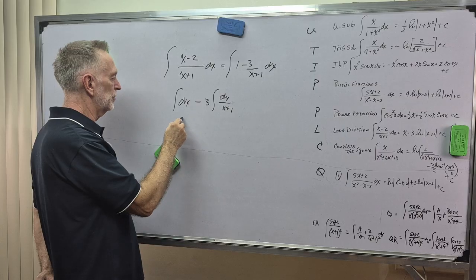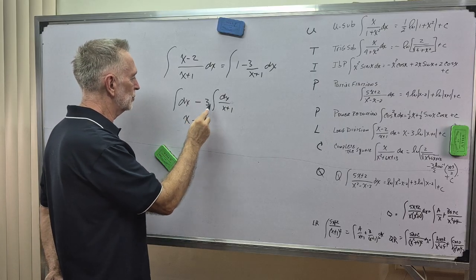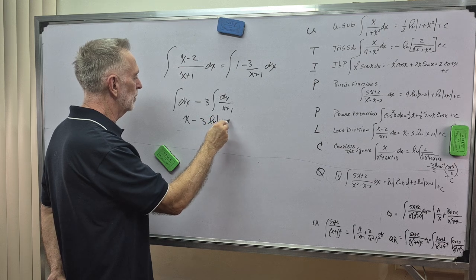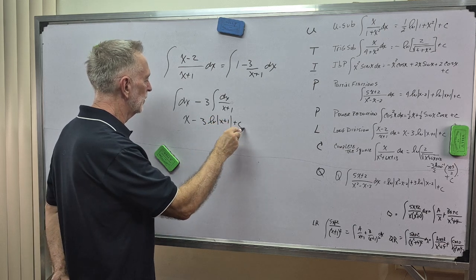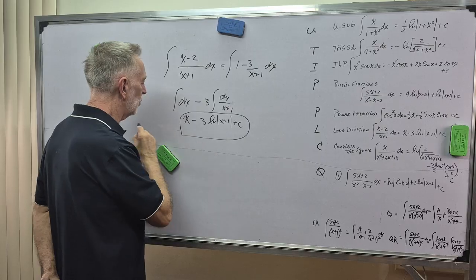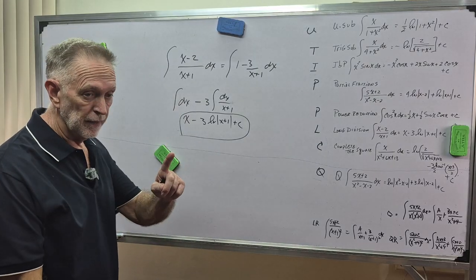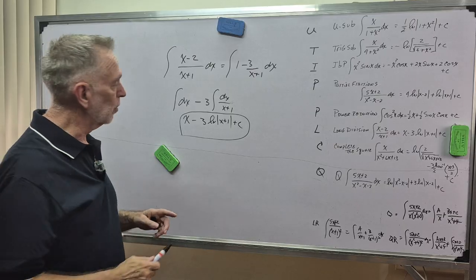So the integral of dx is x, minus 3 times, oh, what is this? Natural log of x plus 1. We just did those earlier. Long division greatly simplifies things, but there are a few rules that go along with that.